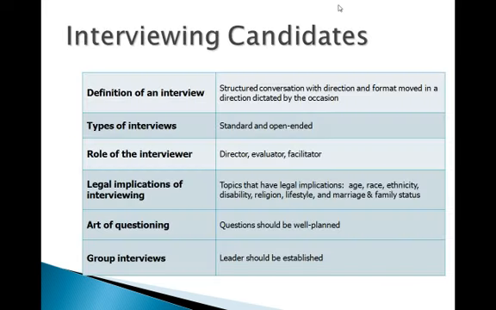I'm going next to the next slide around interviewing candidates, and I'd like to spend a couple minutes talking to you about questions. And REBOR spends quite a bit of time in the chapter talking about different types of questions and interview techniques and the art of questioning, group interviews, and so on.